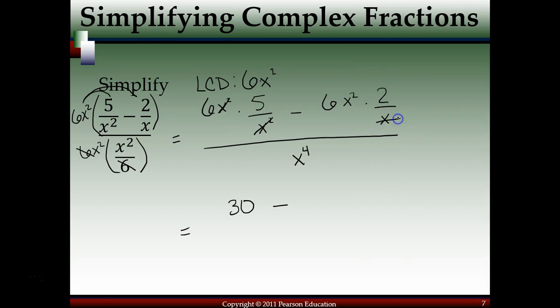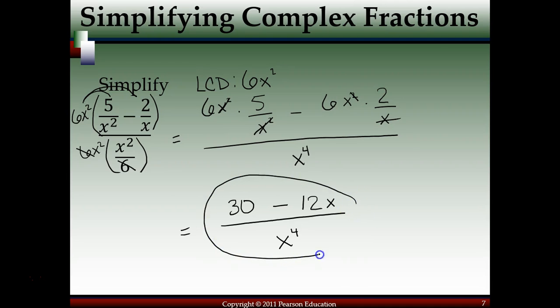Again, this x cancels out with one of these x factors, and so we're left with 6x times 2, which is 12x, and then that is all over x to the 4th. And there, we're done with this one, because there are no factors in this that we can cancel out in both numerator and denominator.